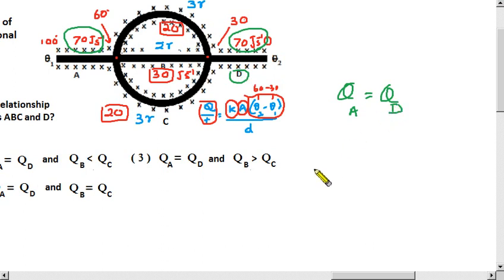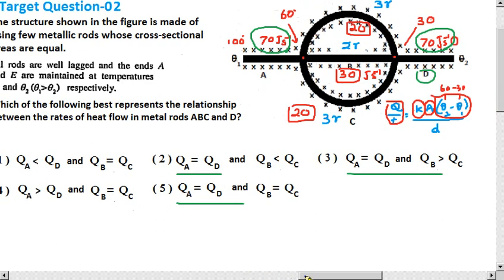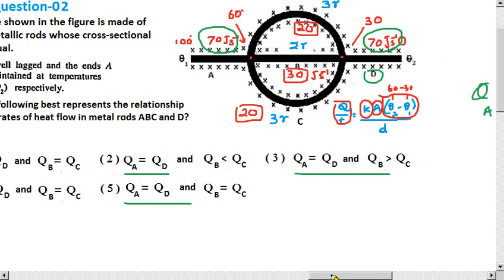So first of all, let us select A equals D. This one, first part is correct, might be correct. This one also, first part is correct, but here A and D are not equal, therefore they are totally wrong.